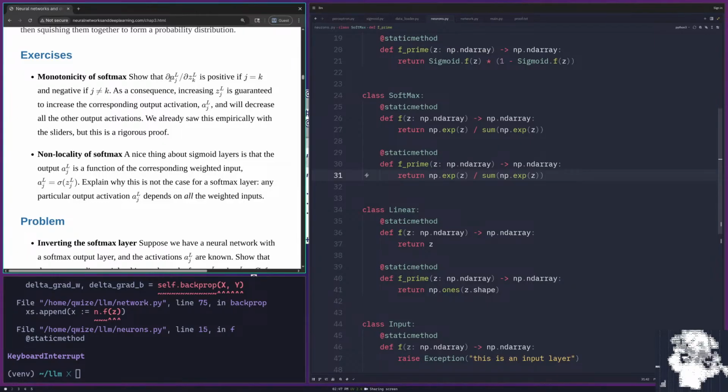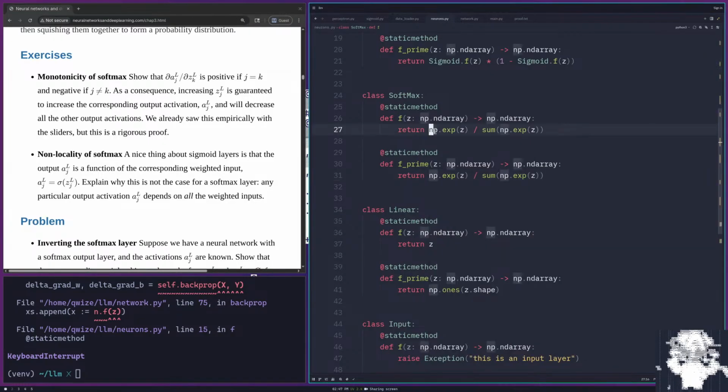So show that the derivative of this with respect to the component that we're looking at is positive, and the derivative with respect to the other components is negative.